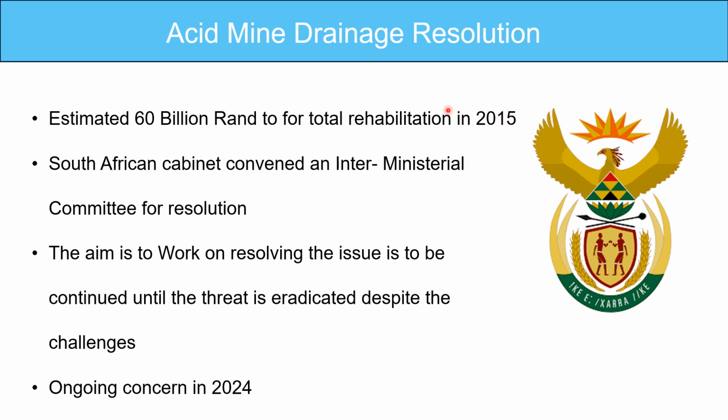So what are we trying to do to resolve this issue? I must say it is an ongoing issue, a continued thing that the South African government is working on. When they looked at it closely, there was an estimated 60 billion rand cost for a total rehabilitation, and that was in 2015.